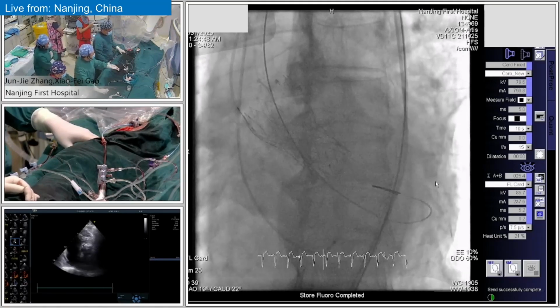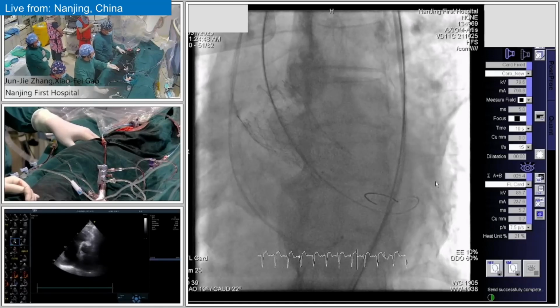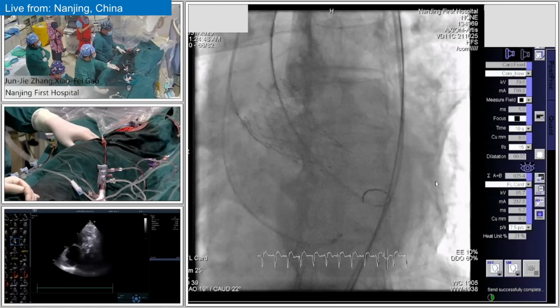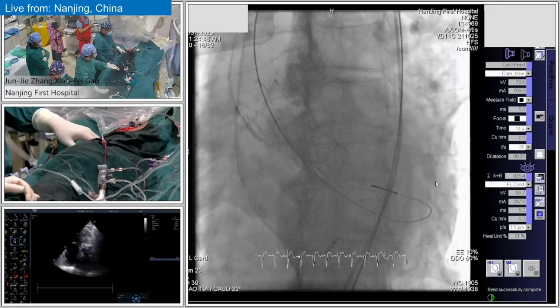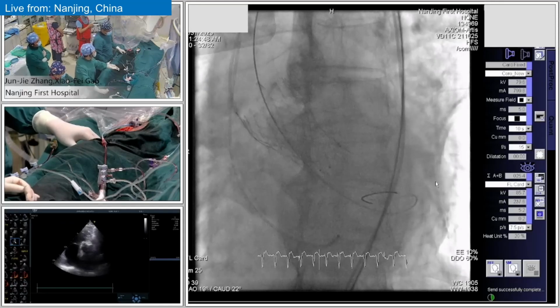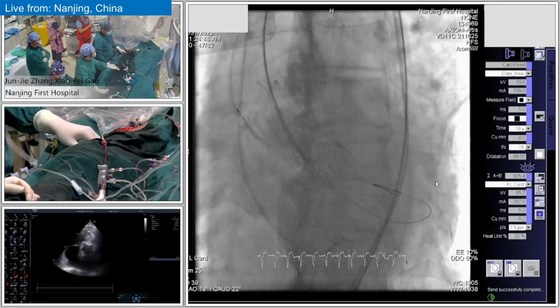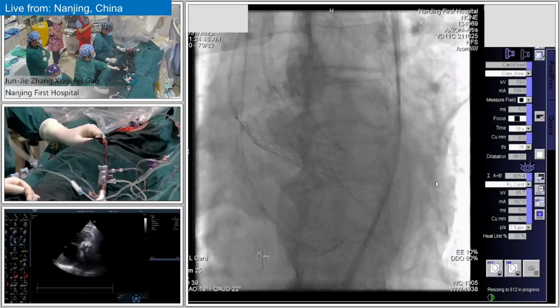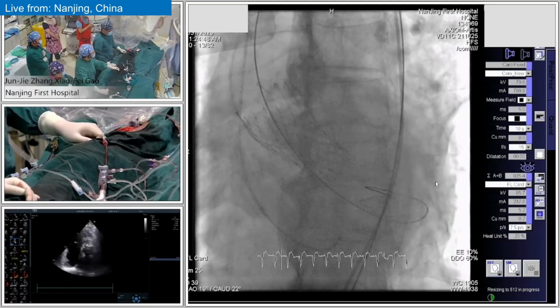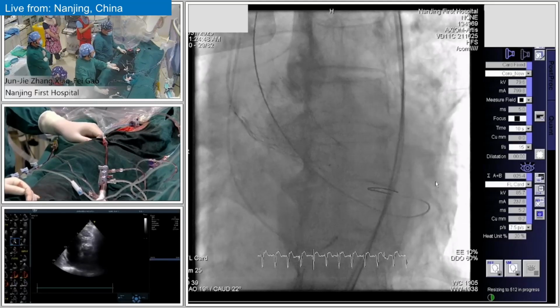I think it's a collaboration, teamwork during the TAVI procedure. So during deployment, I think we'll do high speed pacing, maybe like 120 to 140, to stabilize the valve during the deployment, and evaluate with angiogram.